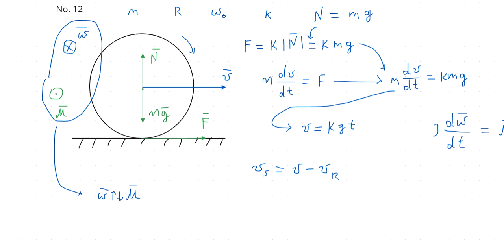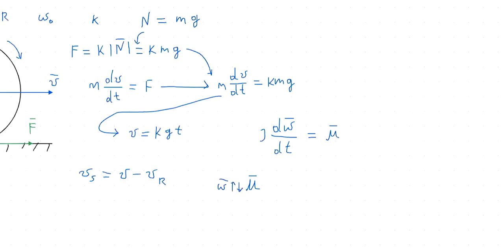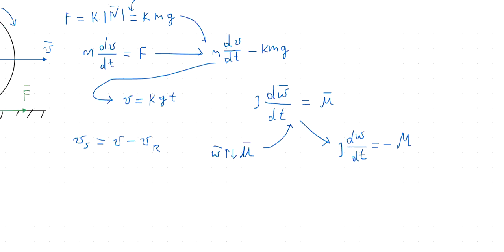And so from here we can write this law of rotational motion dynamics in scalar form: I d omega/dt is equal to minus M. We have minus because of these different directions of angular velocity and moment of force of friction.